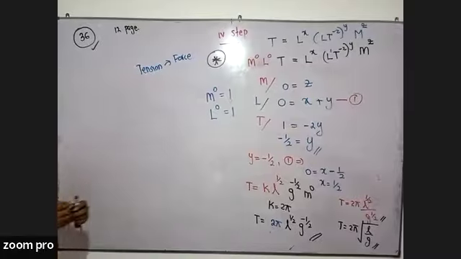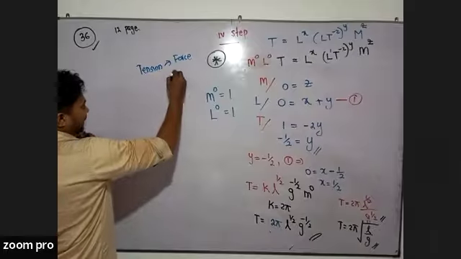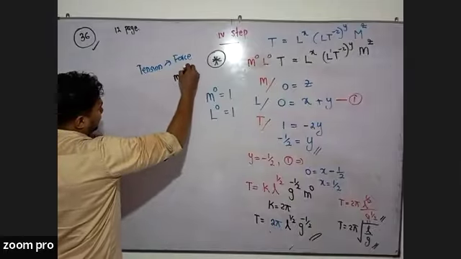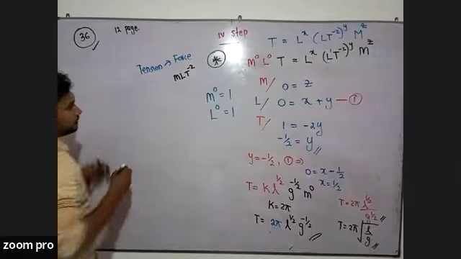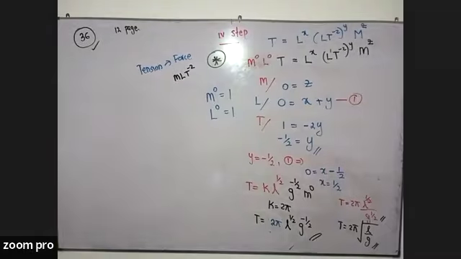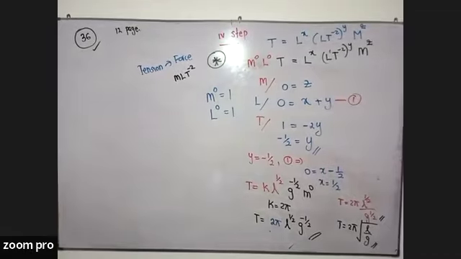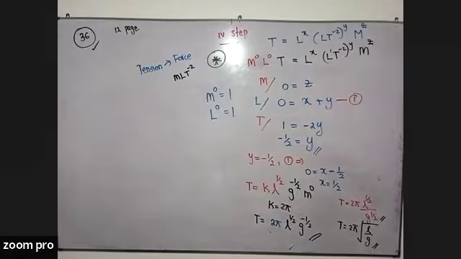Tension is a force. So the dimensions of tension should be M L T to the power of minus 2, same as the dimension of force, right? So let's go through the answer.